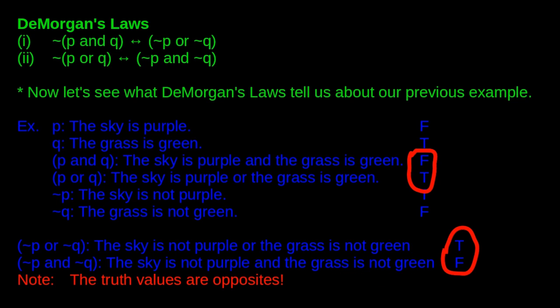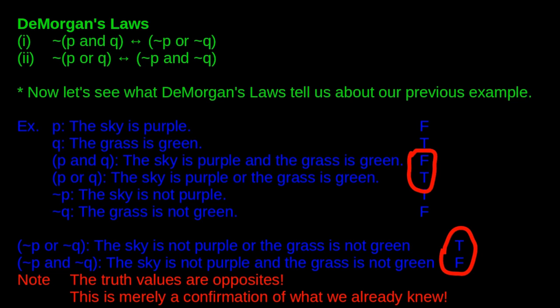And we want to note that the truth values are opposite. P and Q has a truth value of false up above there, while not P or not Q has a value of true. And P or Q up above, which reads the sky is purple or the grass is green, has a value of true, whereas not P and not Q, the sky is not purple and the grass is not green, has a value of false.